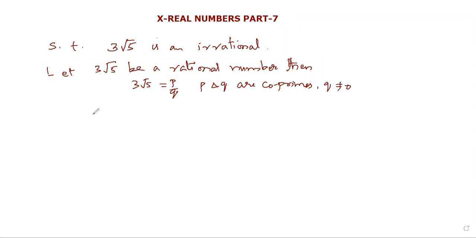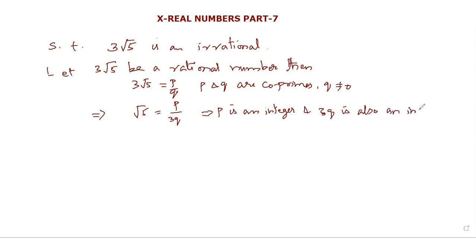Here it is simple. You just have to transpose 3 to the right hand side. On the left hand side only root 5 will be left, equal to P upon 3Q. Here we should also mention that P is an integer and 3Q is also an integer.